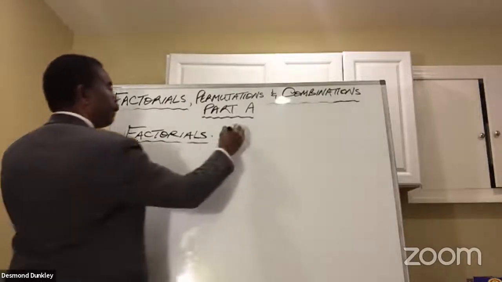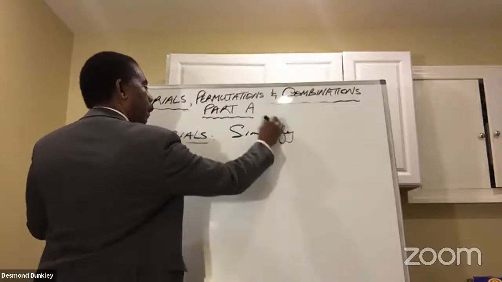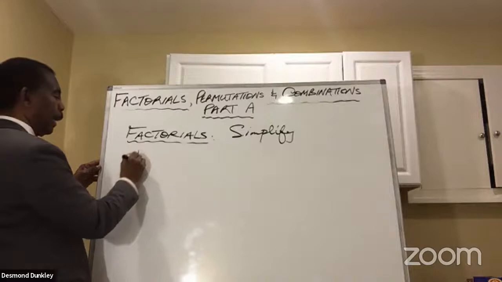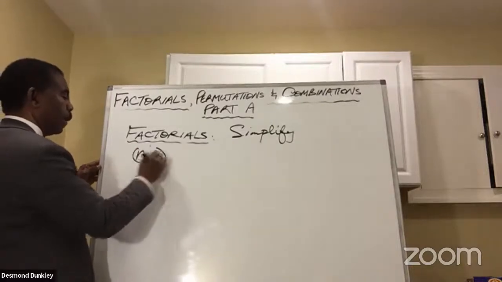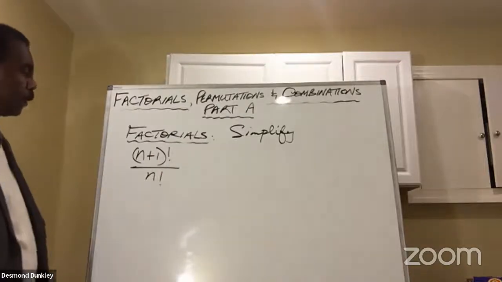So if I ask you to simplify, say, n plus 1 factorial over n factorial.